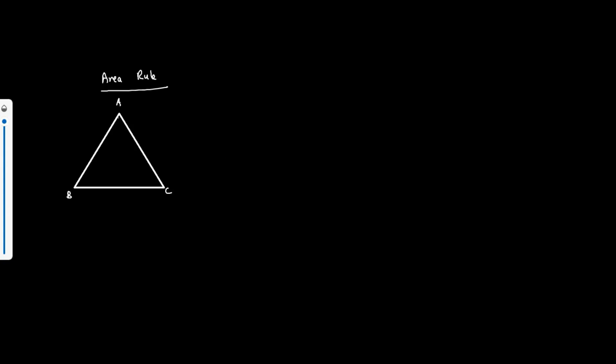The side BC is opposite to angle A, so I'm going to call it variable a. This side AB is opposite to angle C, so I'm going to call it c. And lastly, AC is opposite to angle B, so I'm going to call it small b. So to calculate the area of this triangle, again, you just need one given side.